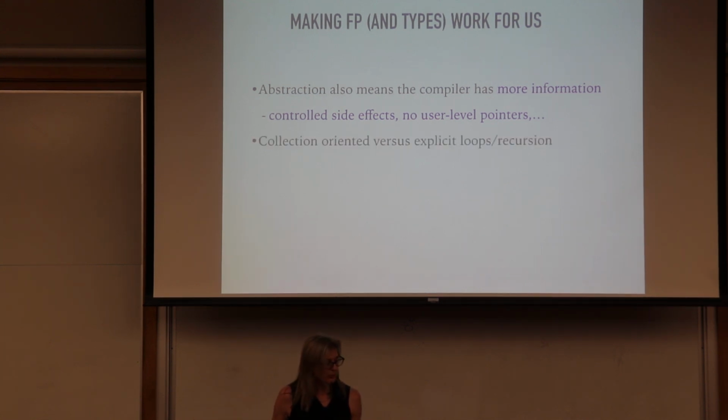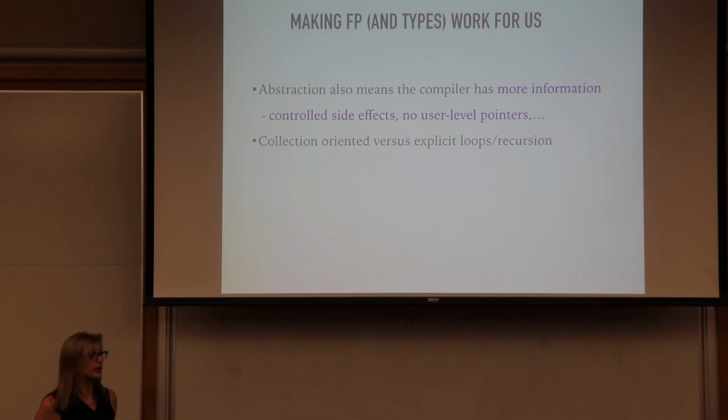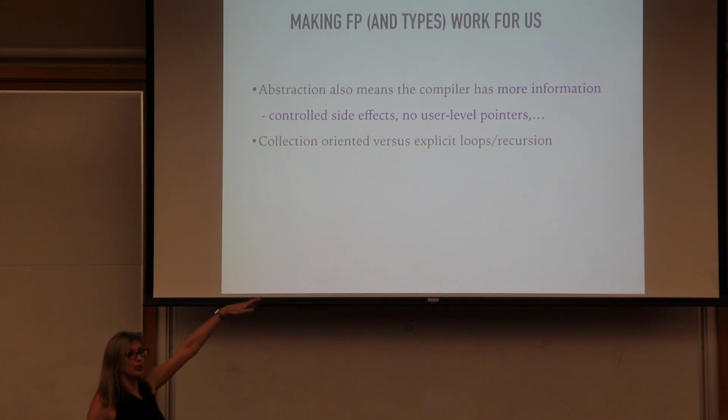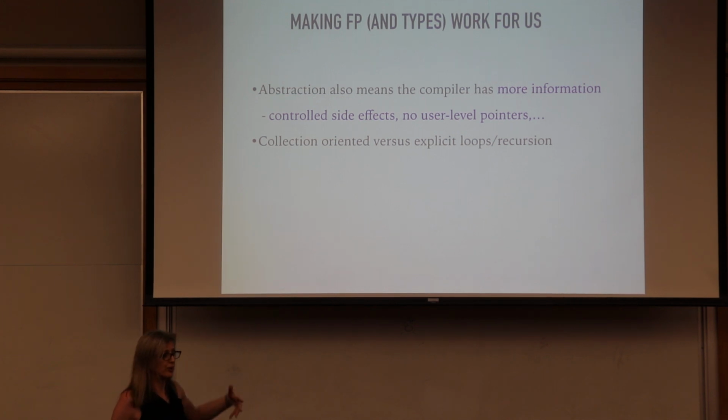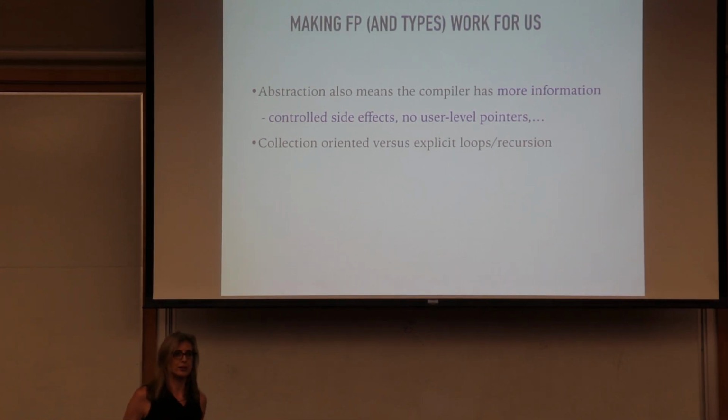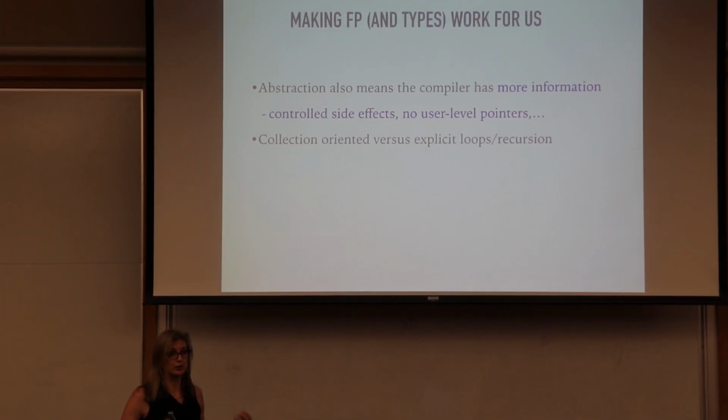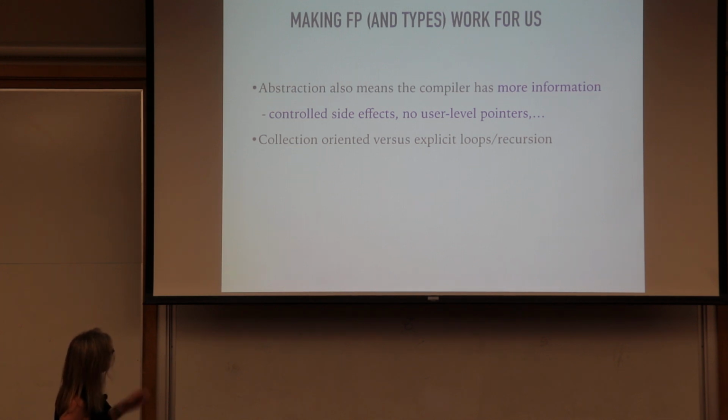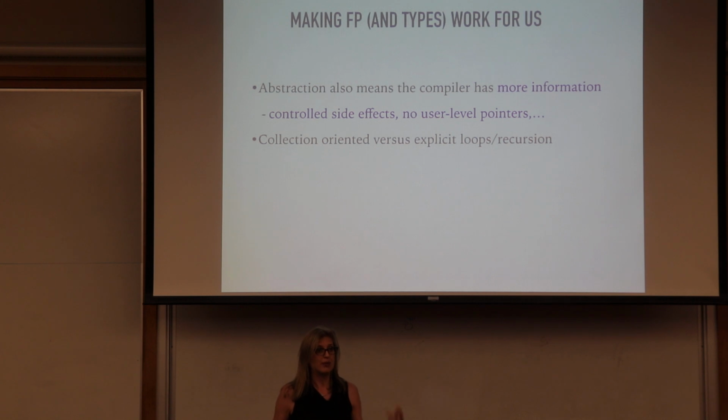Then, something functional programmers are already used to is a collection-oriented programming style versus loops. Even though you can do everything with recursion in a functional language, that's not that encouraged. It's a lot nicer to use higher order functions, and functional programmers are already used to that. Higher order functions like map and fold expose the parallel access pattern.